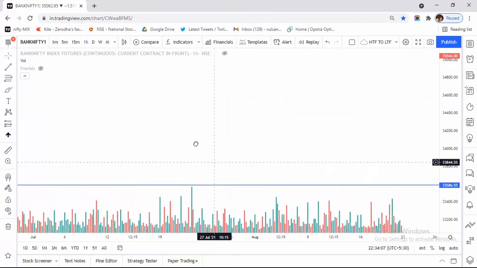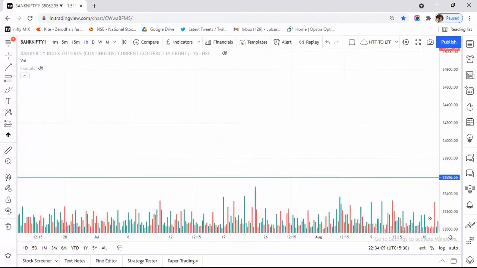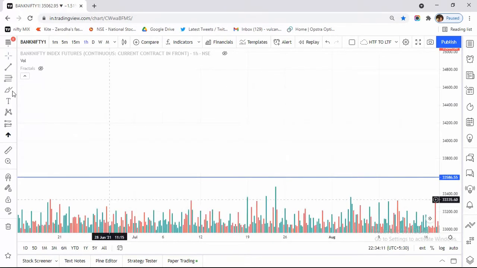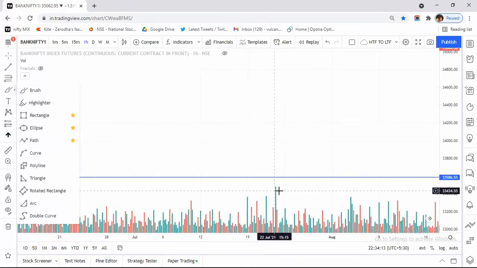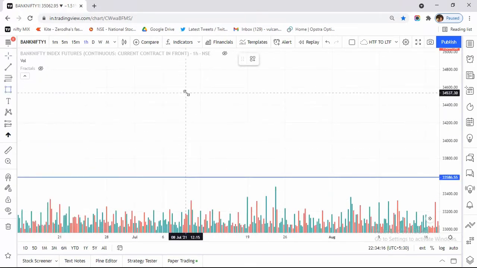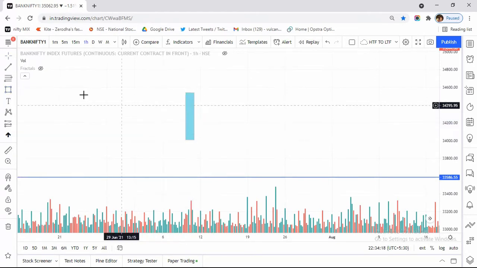Okay. So what I have to do is mark these high volumes on the candles.